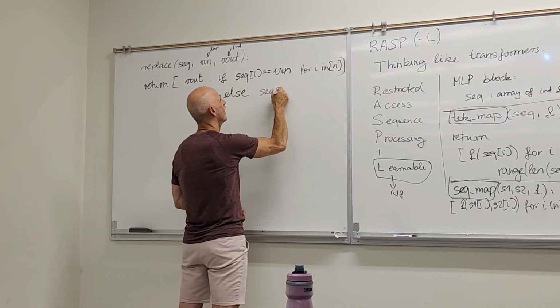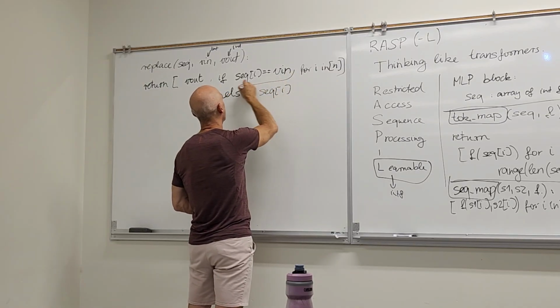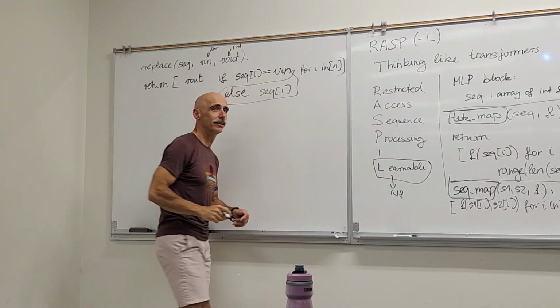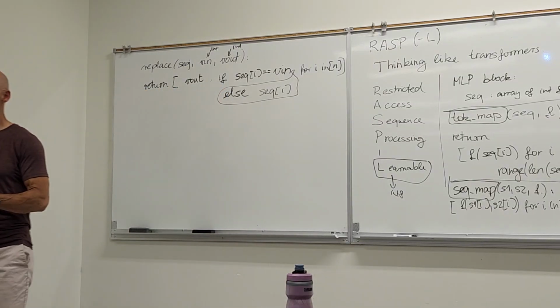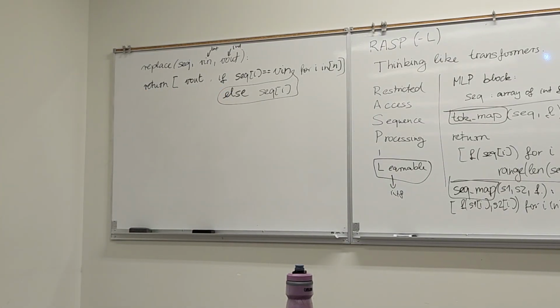So if there is a match with the input character, then we are returning the output character. In the other cases, we're just returning whatever we had at that position.